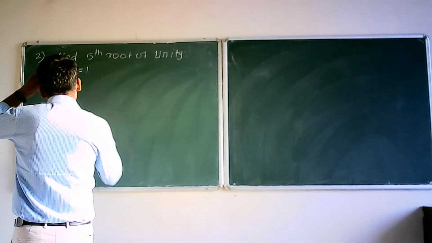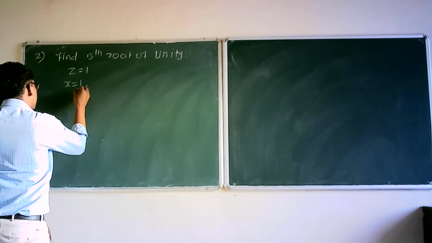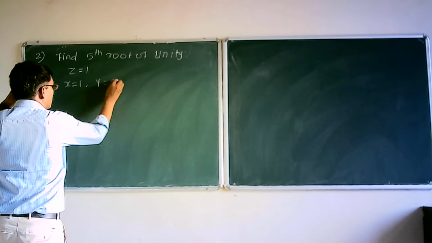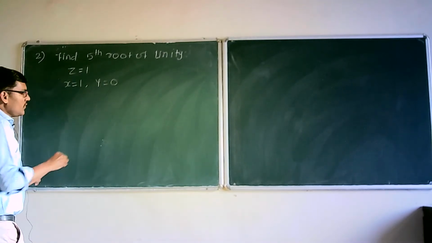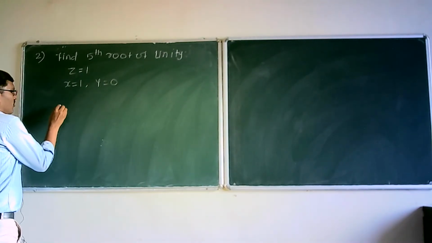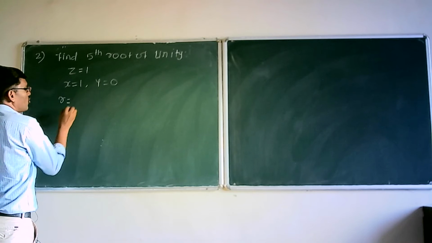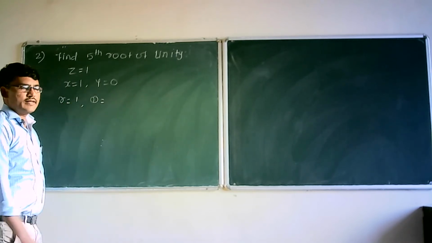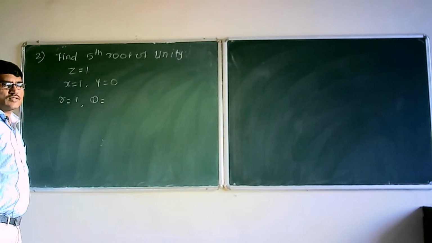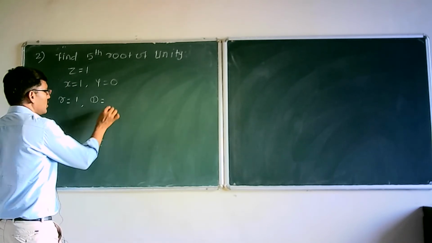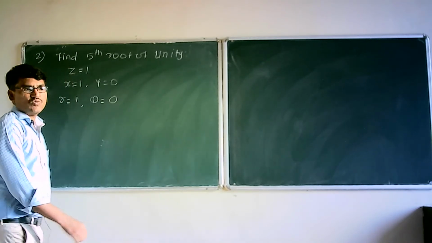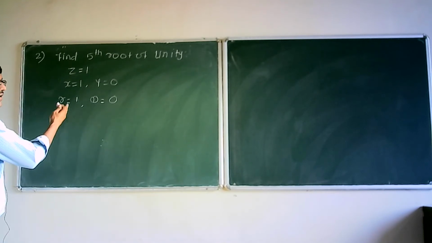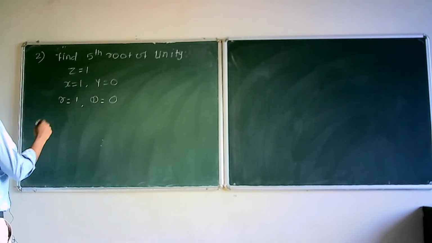So here the real part is x equal to 1 and the imaginary part is 0. So what is r? R is equal to under root of x square plus y square, that is 1, and theta is equal to tan inverse y by x. So theta is 0 degree. Since it lies on the x axis, it is equal to 0.